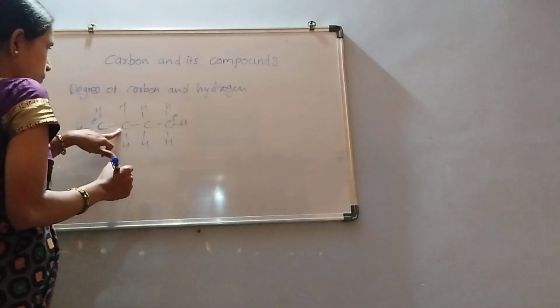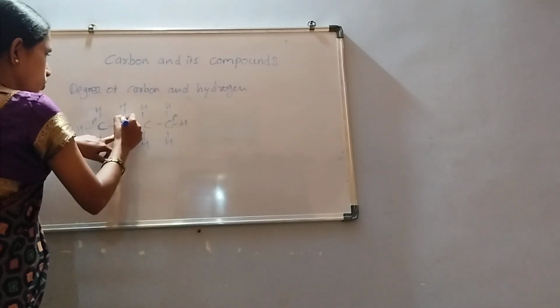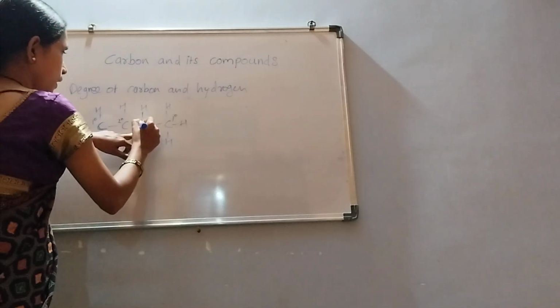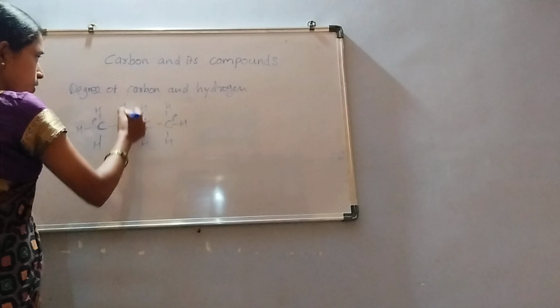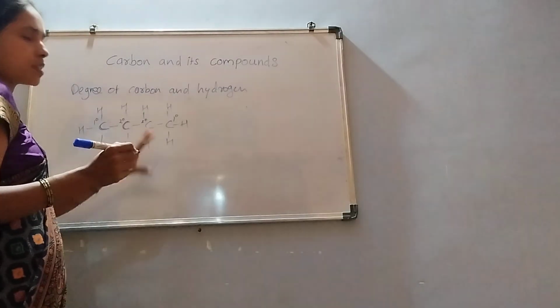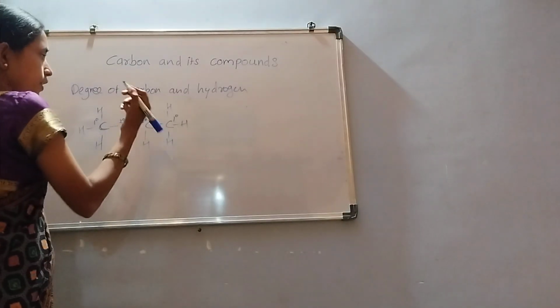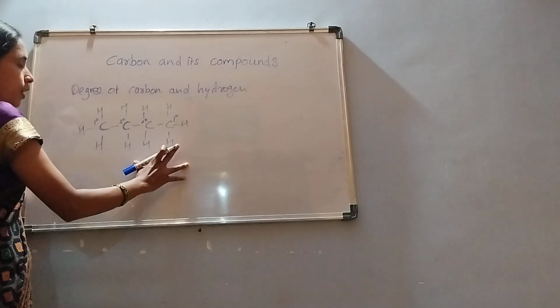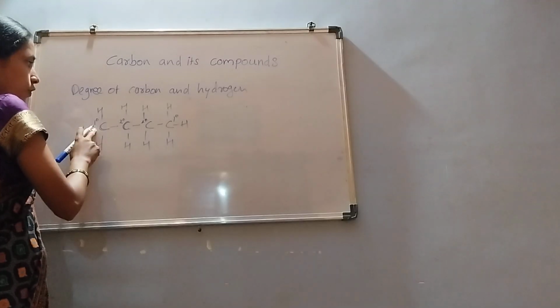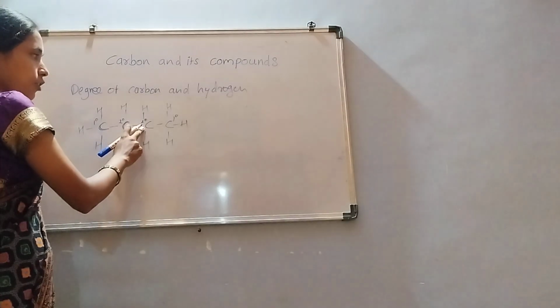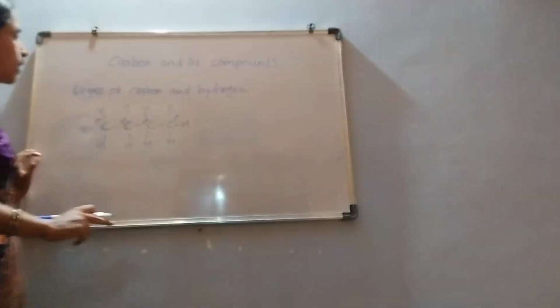Next, this carbon is bonding with 2 carbons, so it is secondary. Again it is a secondary carbon, and the hydrogens attached to a secondary carbon we call secondary hydrogens. In this case also secondary hydrogens. So in case of butane, we get 2 degrees of carbon. Here is the first degree of carbon, the second degree, second degree, and first degree of carbon.